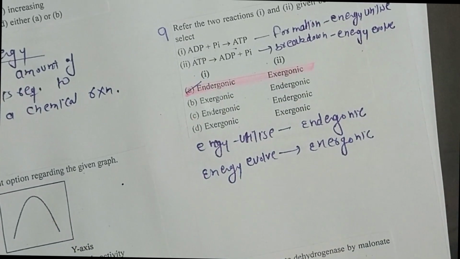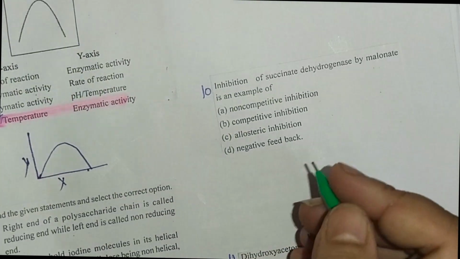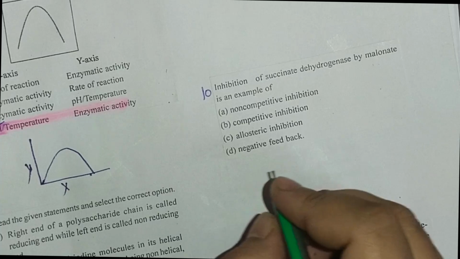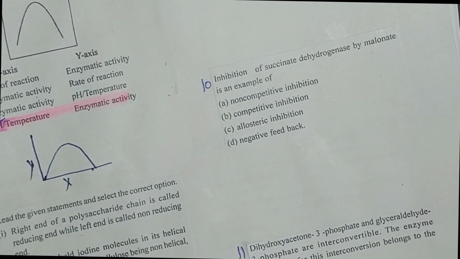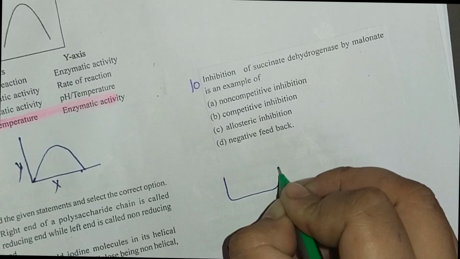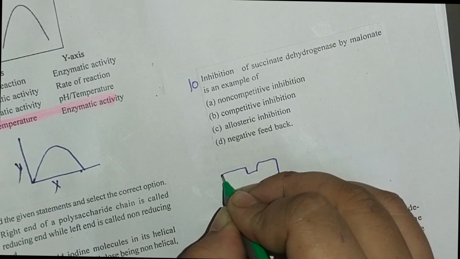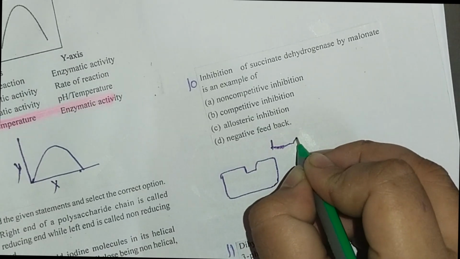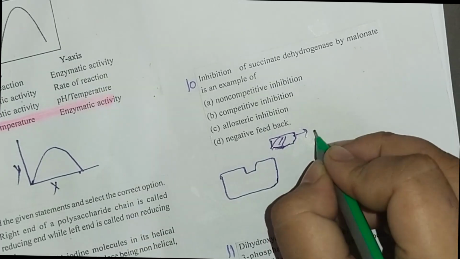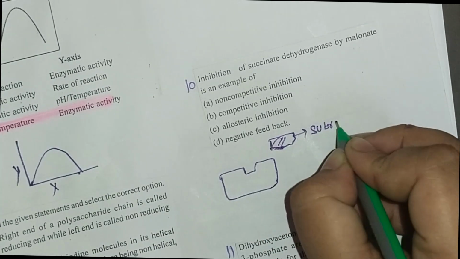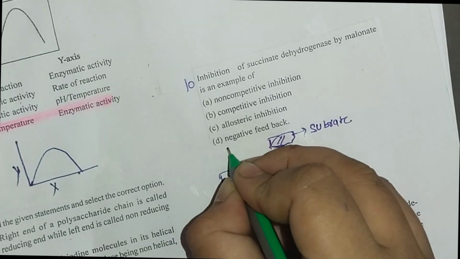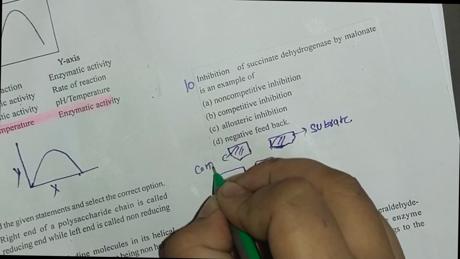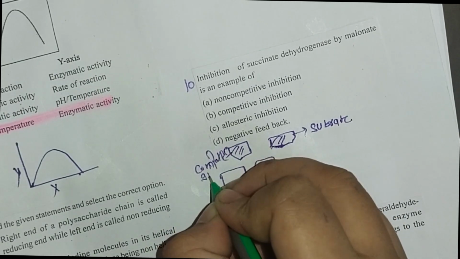Next question is inhibition of succinate dehydrogenase by malonate. So we have studied competitive inhibition, when an enzyme is unable to bind with its substrate but binds with its competitive inhibitor.